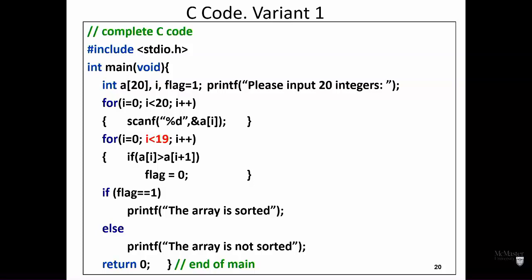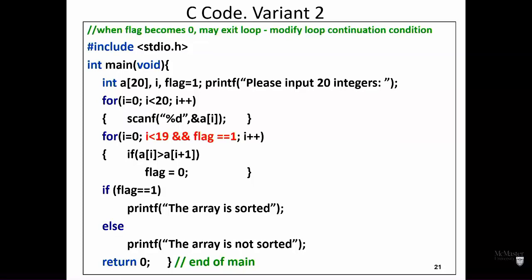What we do next is a kind of running time optimization. Think of if you have, instead of 20 elements, 20 million elements. Once you find out you are not sorted, why continue doing 20 million iterations, right? So what I do here is put another condition in the for loop to check if the flag is still 1, because if the flag is 0, there is no need to continue, right?